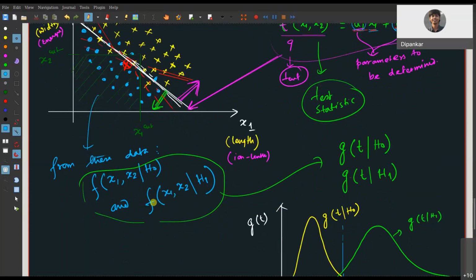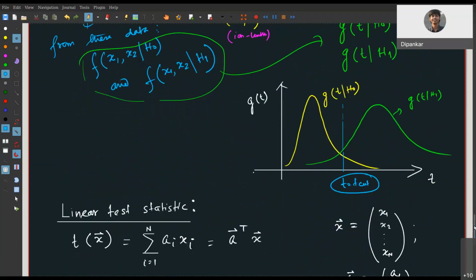The F symbol is, in general, any PDF associated with the data. My job is to figure out how efficient my test statistic is in separating out H0 and H1. The more these peaks are separated, the more efficient the test statistic will be.